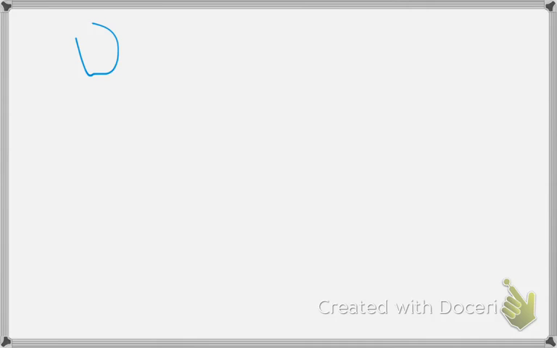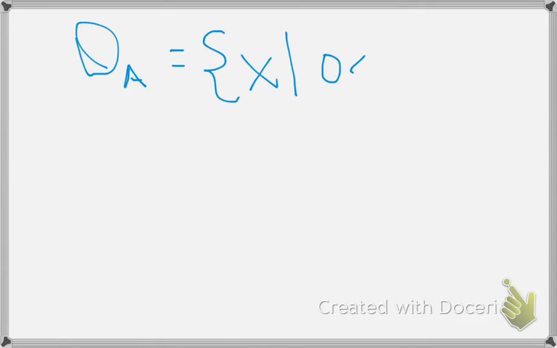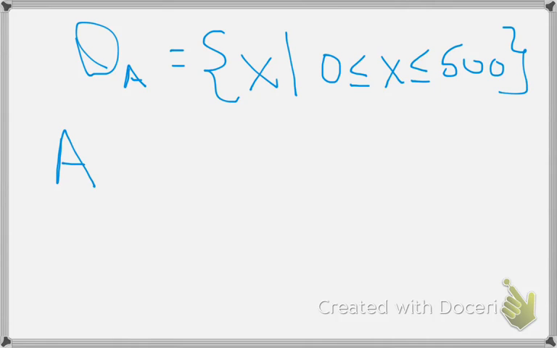So the domain of our function A is x such that 0 is less than or equal to x, which is less than or equal to 500. And we saw from our work before that the area is a function of x, and it's given by 500x minus x squared.